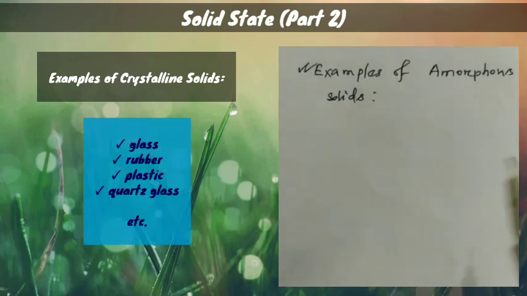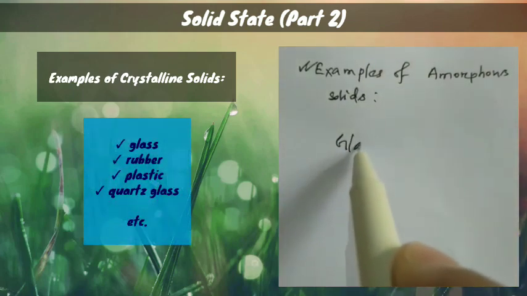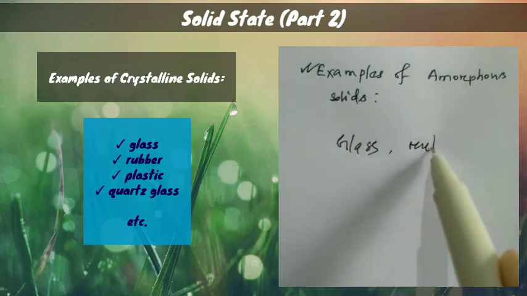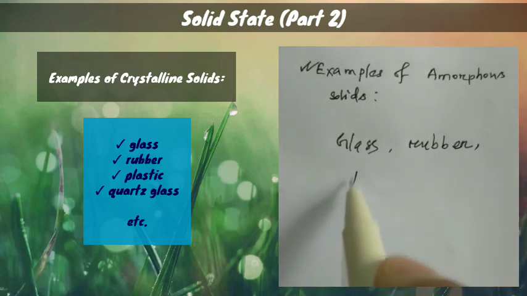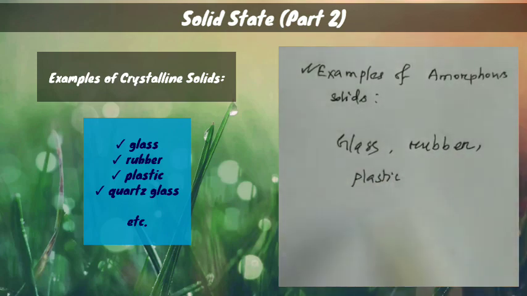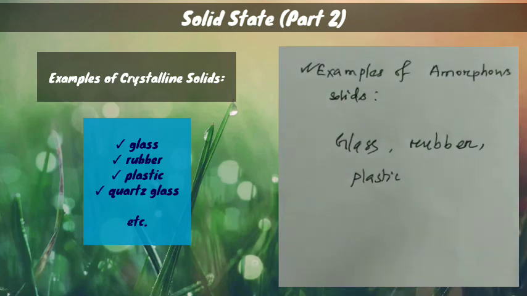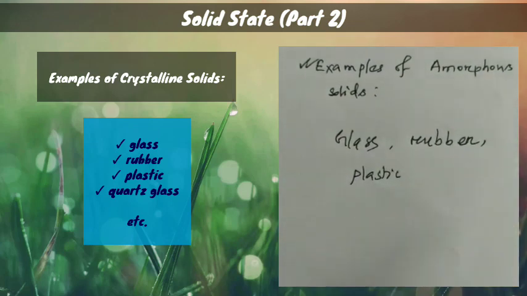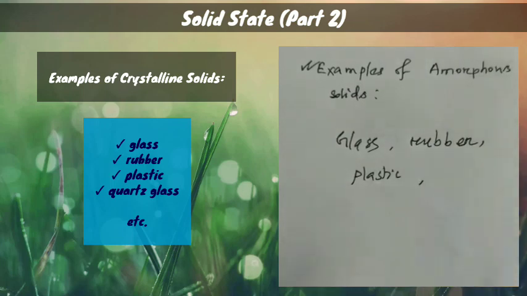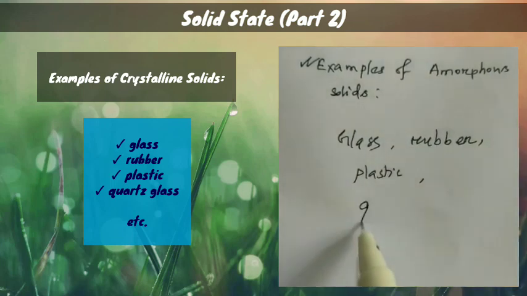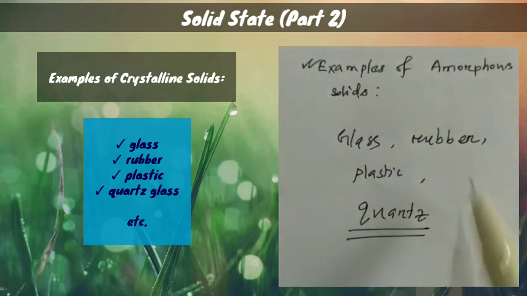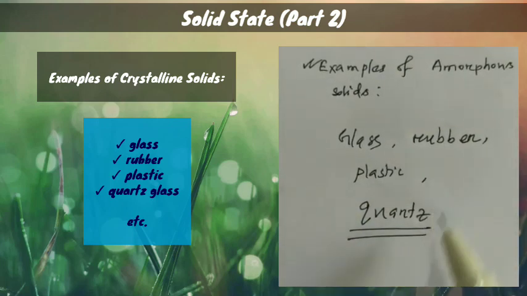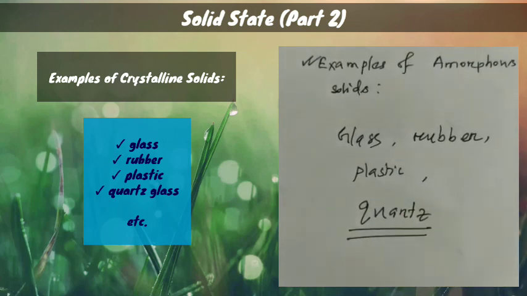Coming to examples of amorphous solids, there are many: glass, rubber, plastics, polymers, and quartz. Quartz is an important example because it can exhibit crystalline as well as amorphous nature.